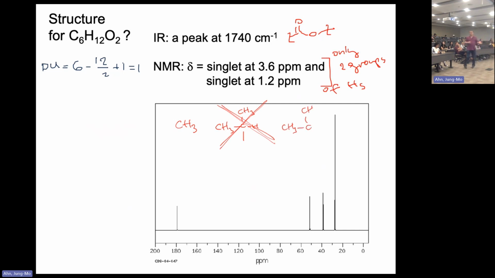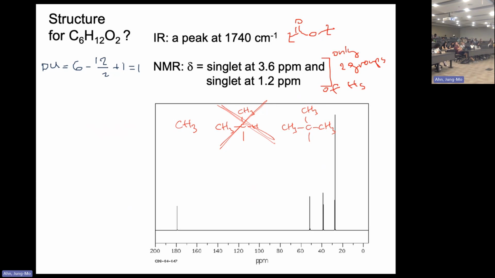If I put a tert-butyl group here, you can see that these 3 methyl groups are equal. 9 hydrogens are equal, and they have no adjacent hydrogen, so these 9 hydrogens must be a singlet. And this other methyl group is also a singlet. Altogether, this makes up the 12 hydrogens. This is the kind of thing you have to get used to seeing.